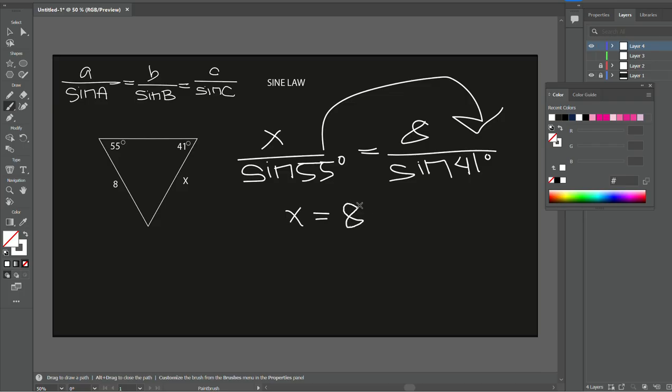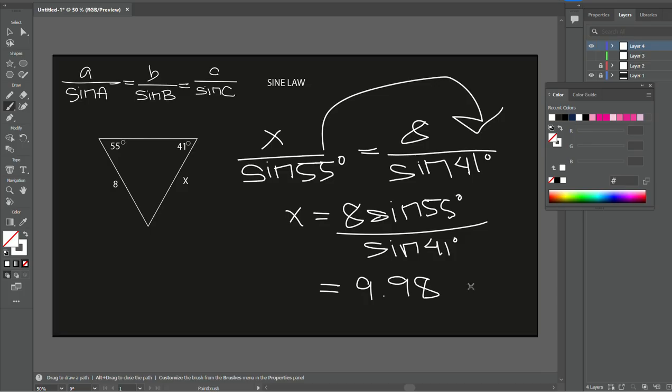So here, sine. So we got the answer. The answer for this one is 9.98.